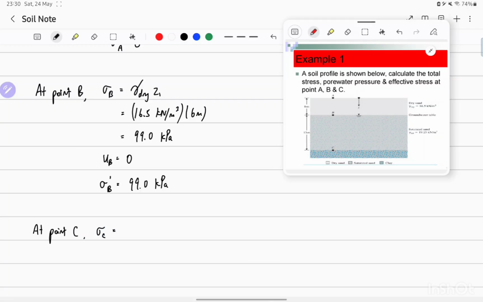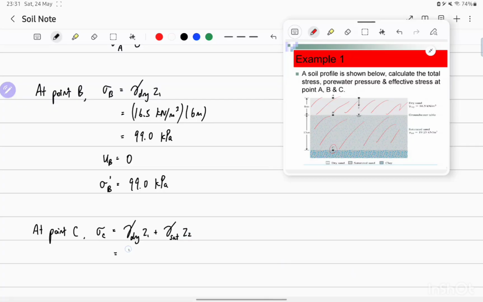At point C, the total stress will be now what? C is here. What's above C? The first layer and the second layer. So for the first layer we just copy from the top, dry unit weight times Z1, plus now we are considering the saturated unit weight of the saturated sand, and then the height.